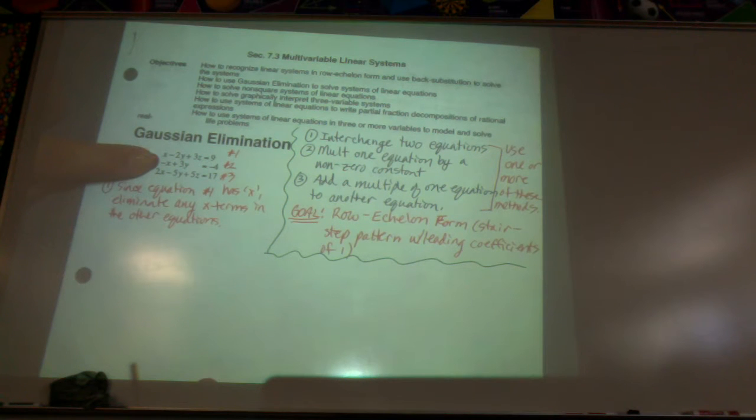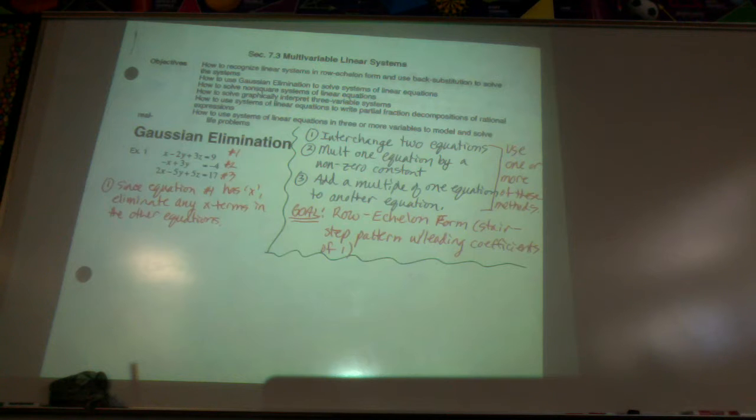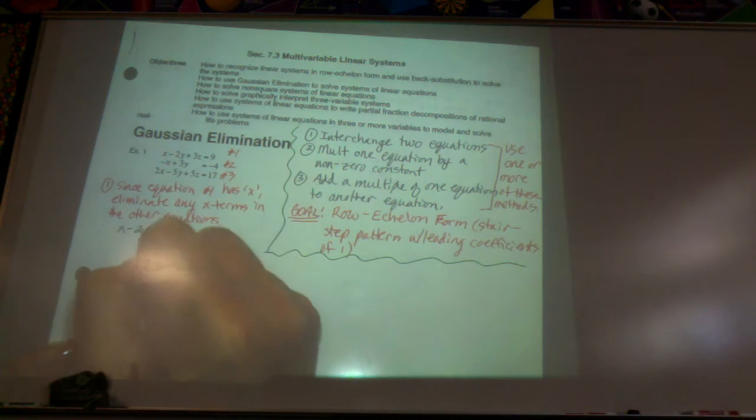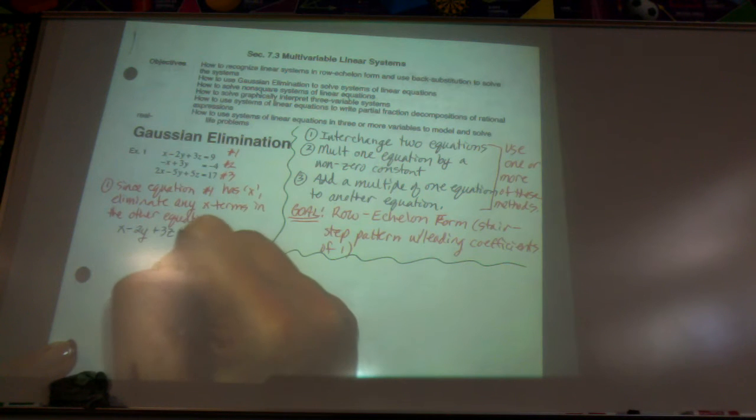So can't I take these two equations and add them together? Just the first and the second one? Don't my x's cancel out automatically using elimination, as Danny said, right? So I'm going to take x minus 2y plus 3z equals 9.